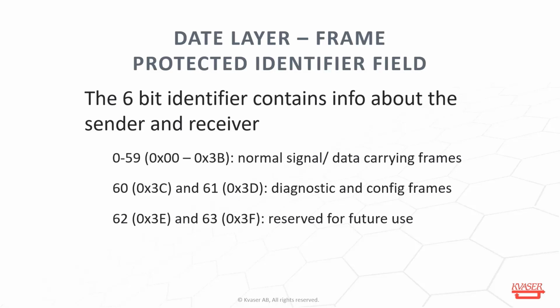If it is between 60 and 61 decimal, that's for diagnostic and configuration frames. If the ID is 62 or 63 decimal, that is reserved for future use. We'll talk a little bit more about the normal signal and the diagnostic configuration frames in a little bit.